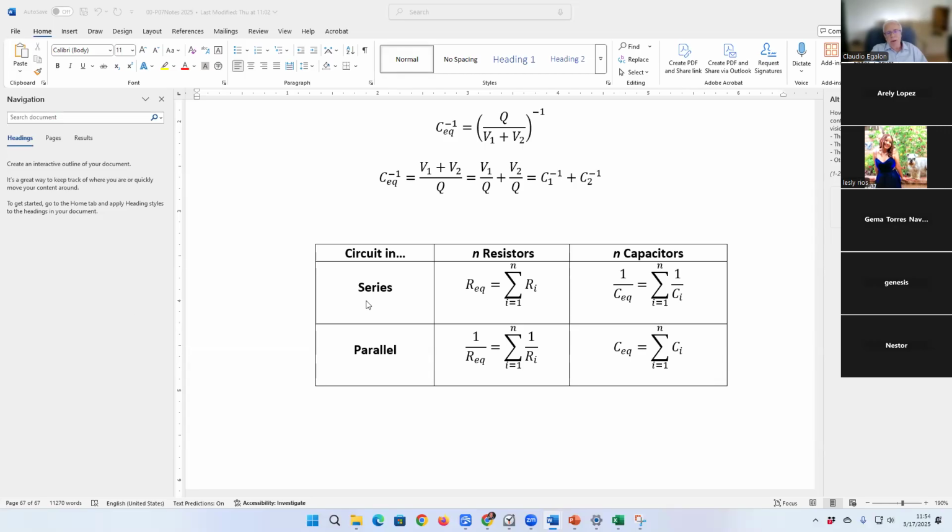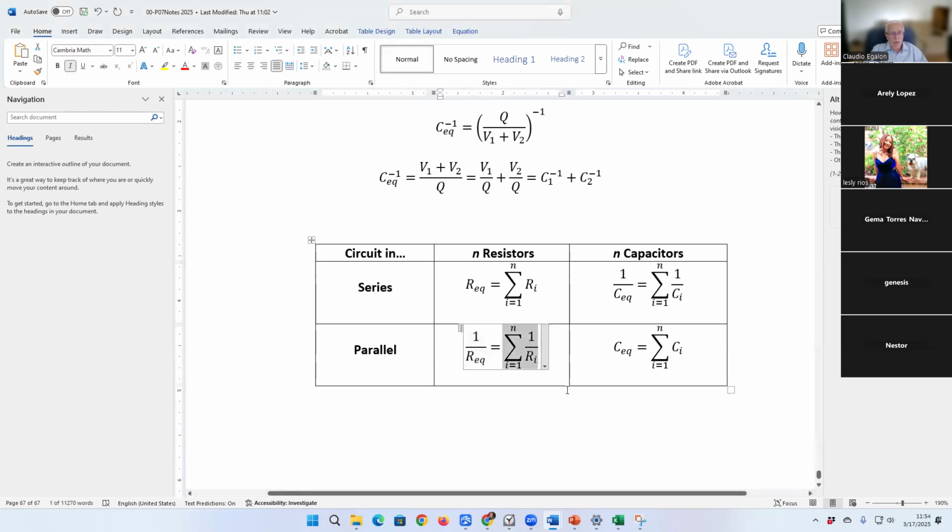For resistors in series, the equivalent resistance is going to be the sum of the resistors, and for resistors in parallel, the inverse of the equivalent resistance is going to be equal to the summation of the inverse of each resistor separately. When you connect capacitors in series and parallel, the relation is going to be the opposite.